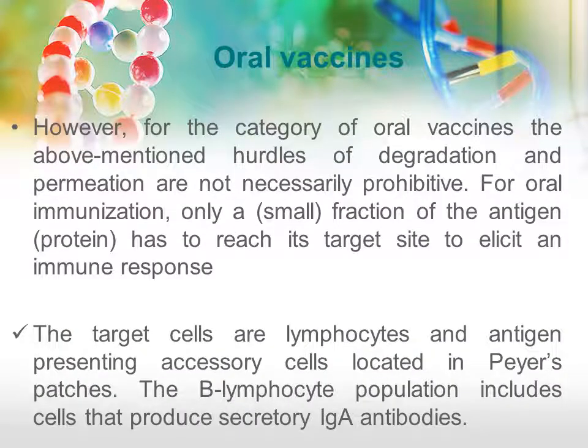The exception is oral immunization, because only a small fraction of protein has to reach its target site to elicit an immune response. Usually, target cells are lymphocytes and M cells located in Peyer's patches.